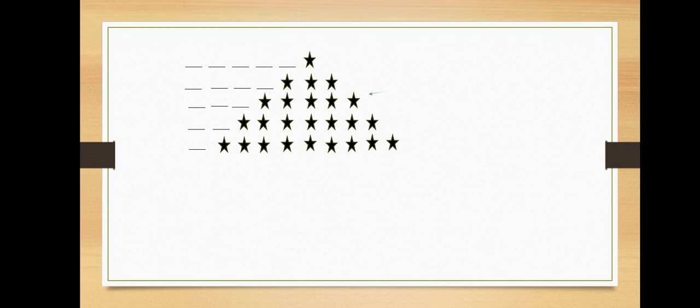Stars are going to be represented with J, spaces are represented with K, and whatever the rows are there, I am going to represent them with I. Now you need to remember one thing: we need to write first rows, and then whether you need to check for stars and then spaces, or otherwise spaces and then stars.